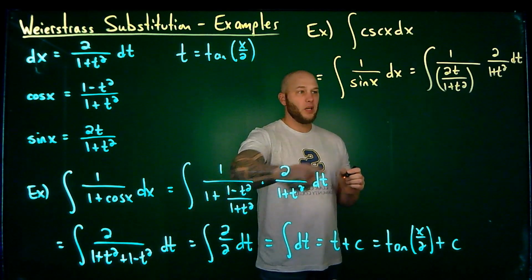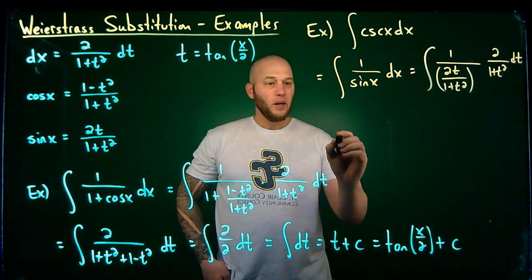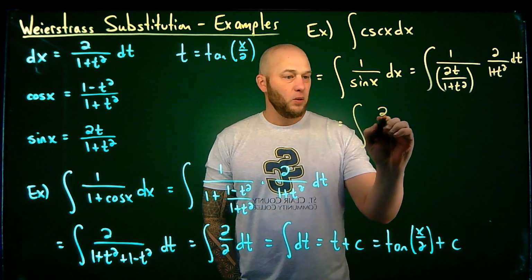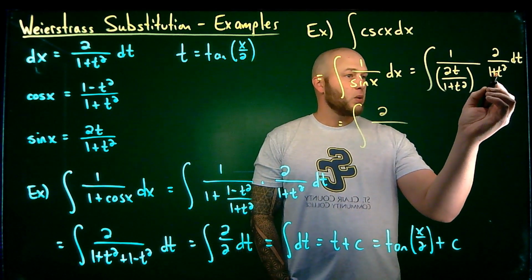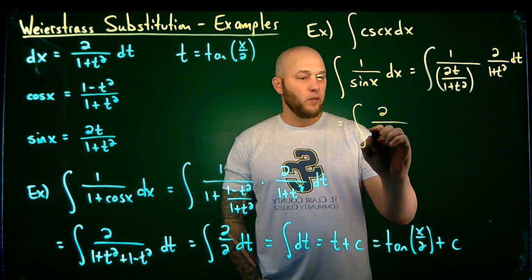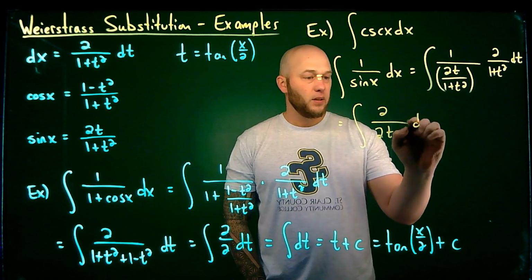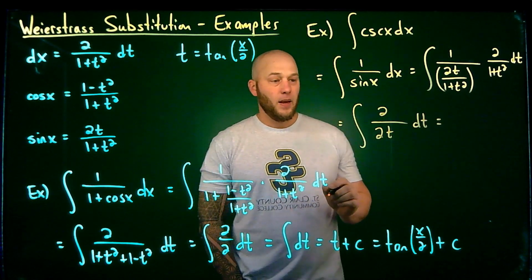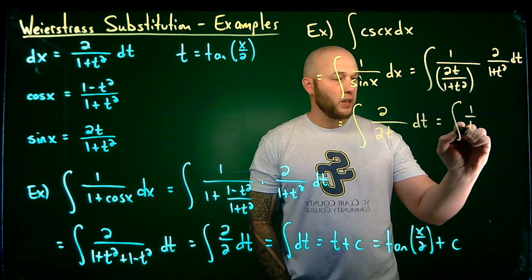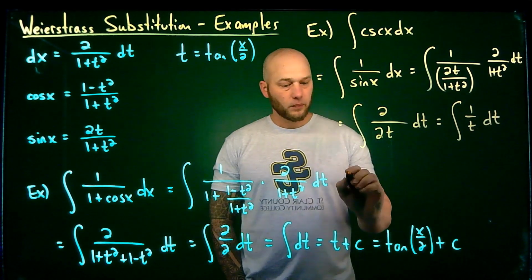Just like we did over here, let's multiply those together. This is going to give me the integral. On the top, I'm going to get 2. And then here, 1 plus t squared is going to cancel with that 1 plus t squared, which is going to give me 2t dt. And then I can cancel the 2's. That's going to give me the integral of 1 over t dt.